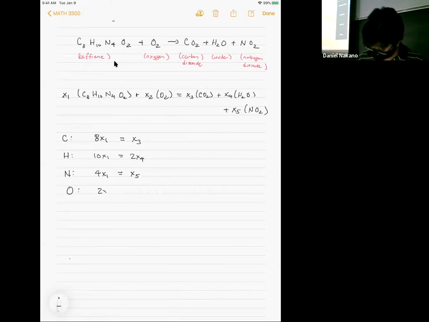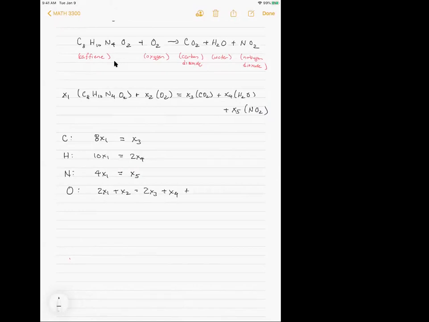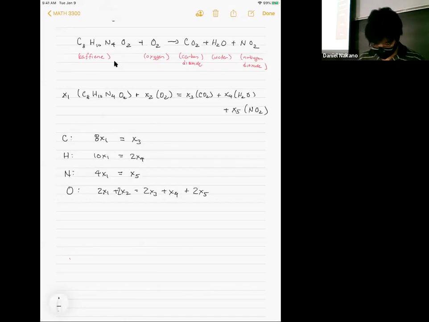We have 2x1, and then an x2. And on this side, we have 2x3, an x4, and how many x5s? 2x5, isn't it? Yes, thank you. Okay, so does everyone see how we got these equations?